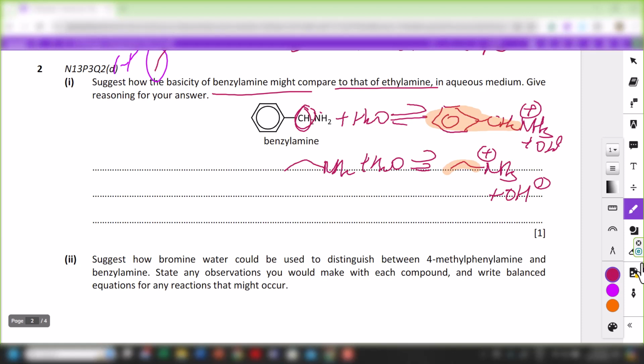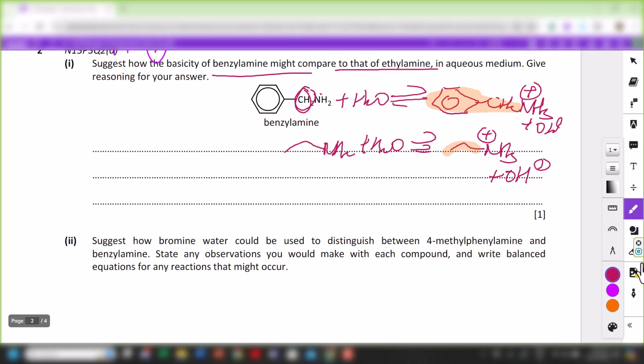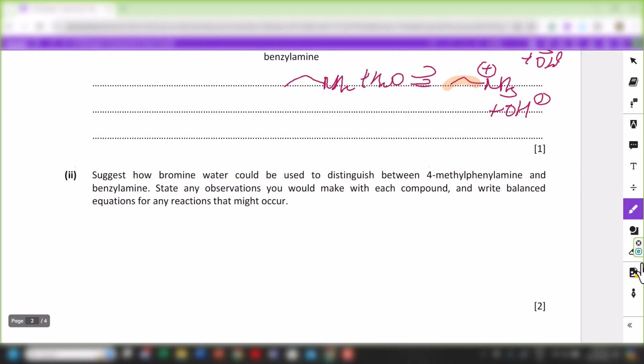With that idea in mind, ethylamine is therefore a stronger base as compared to benzylamine. That is an explanation you can give if you are familiar with hyperconjugation, but it's not a very straightforward thing to explain, especially if you are not comfortable with it. So I'd rather you stick with the extent of ionization as the key explanation.